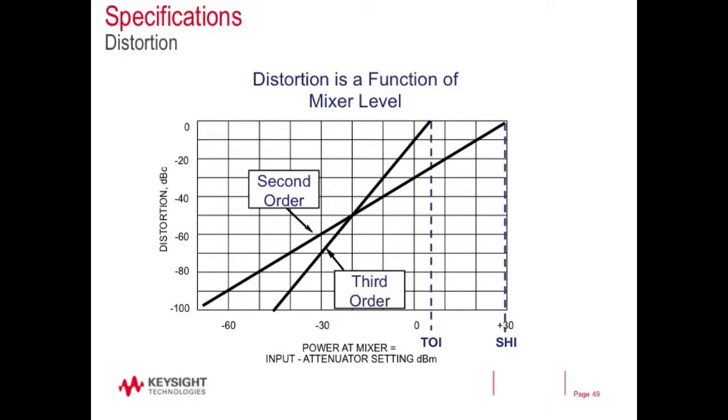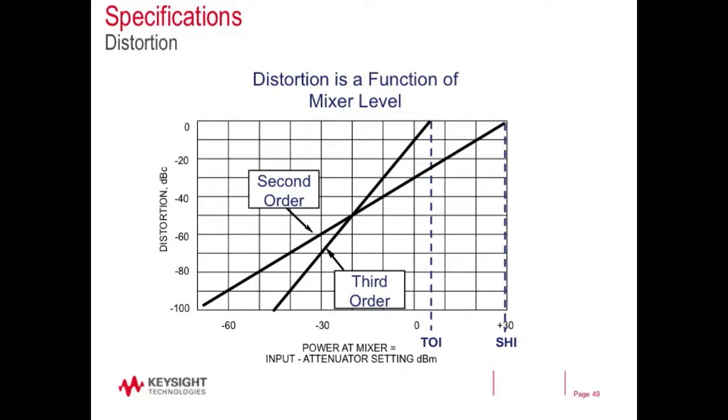What we can see here is that if you hit our mixer in this graph with minus 30 dBm, you'll start to see third order distortion products, because I'm on the third order curve, of roughly minus 70 dBc, 70 dB below the carrier.